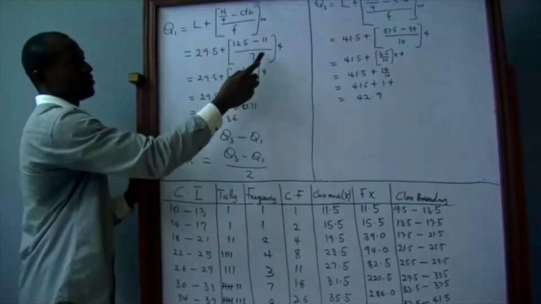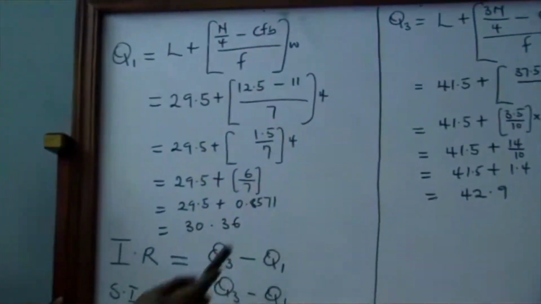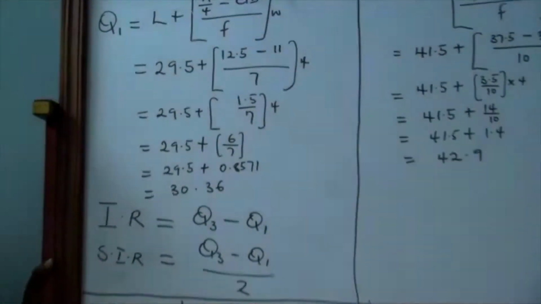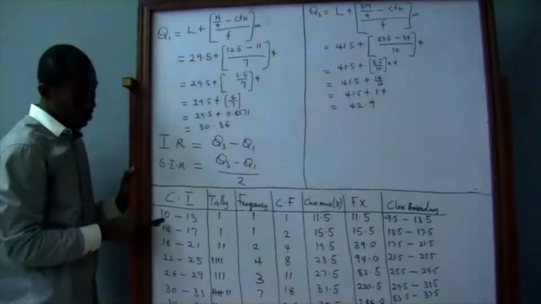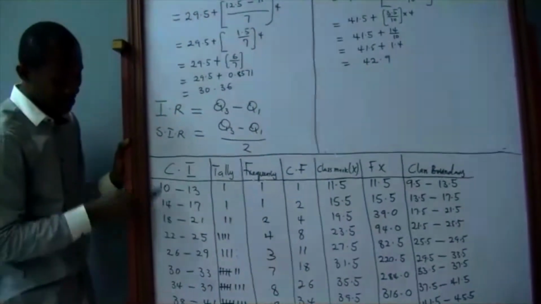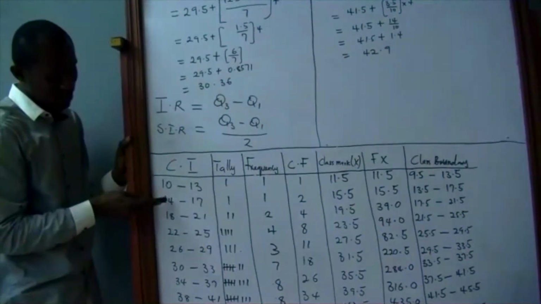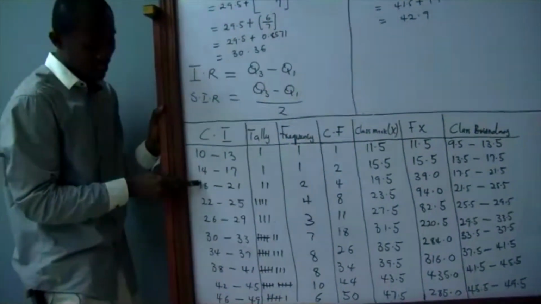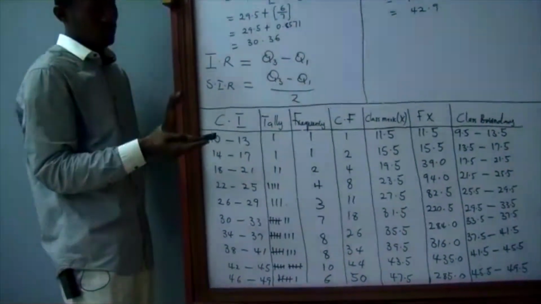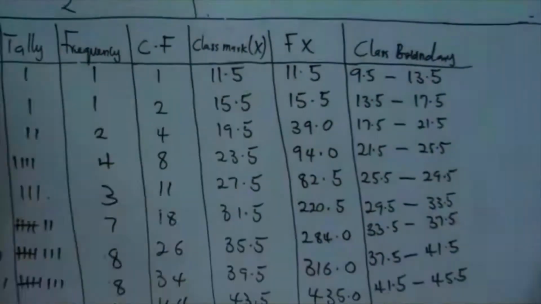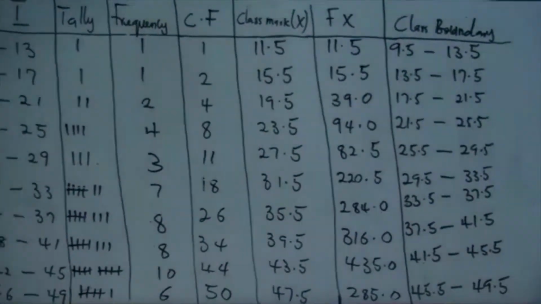Close the bracket, multiply by the class width, 4. 14 minus 10 is 4, and that's also the class width. For every class, that's what you get. 18 minus 14 is 4. 22 minus 18 is 4. Just like that. If I also come to this class, 33.5 minus 29.5 is also 4. So our class width is 4.